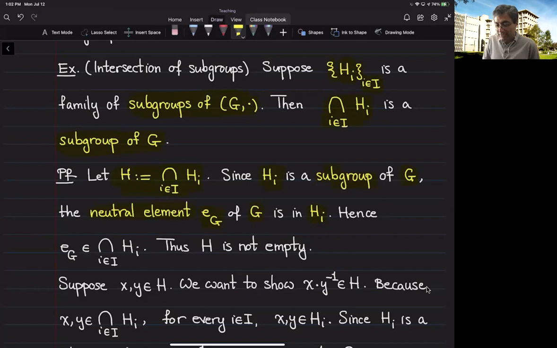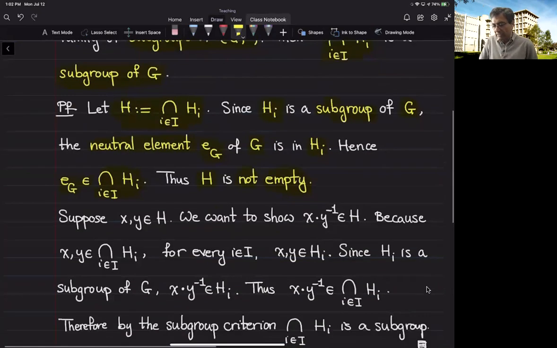And therefore, E sub G is in the intersection of all H sub i's, which means it is inside H, and therefore H is not empty. So again, I'm trying to use the subgroup criterion to show that H is a subgroup. Here, using this technique, we deduce that H is not empty. Next, I want to show that if X and Y are inside H, then so is X dot Y inverse.